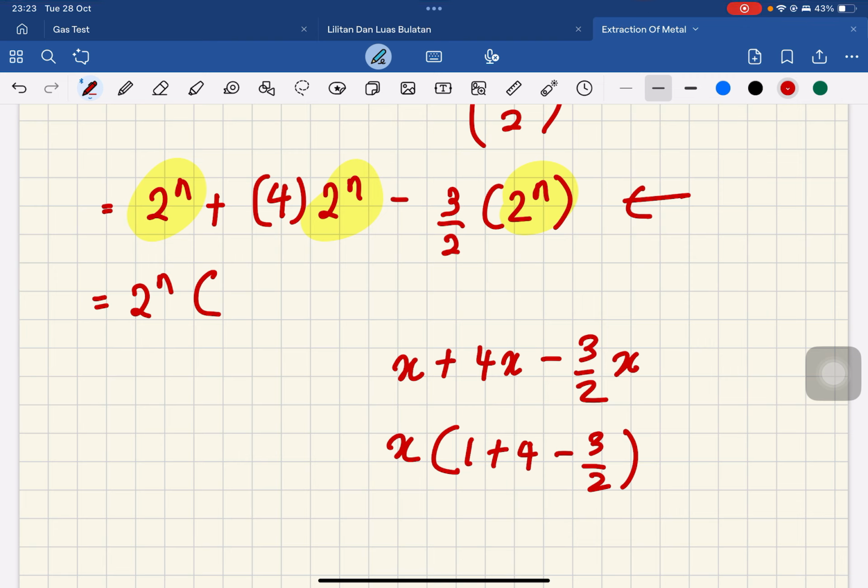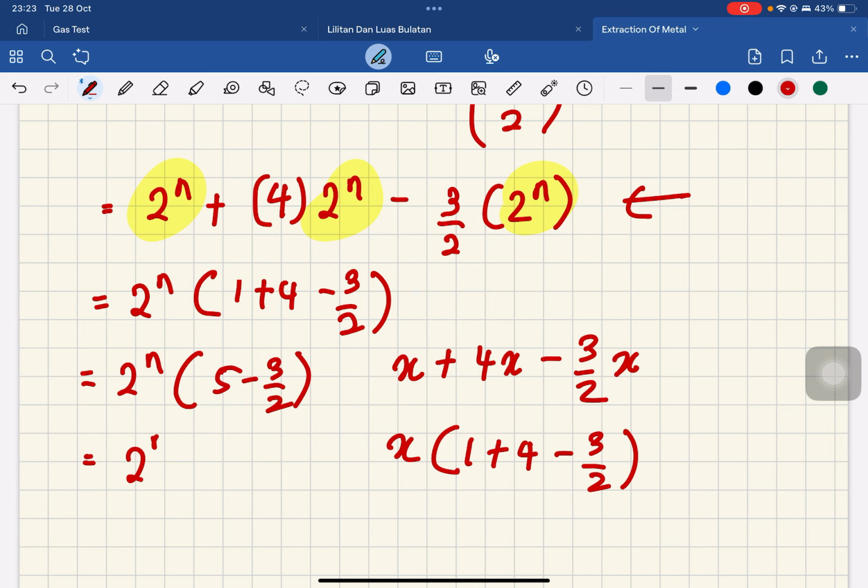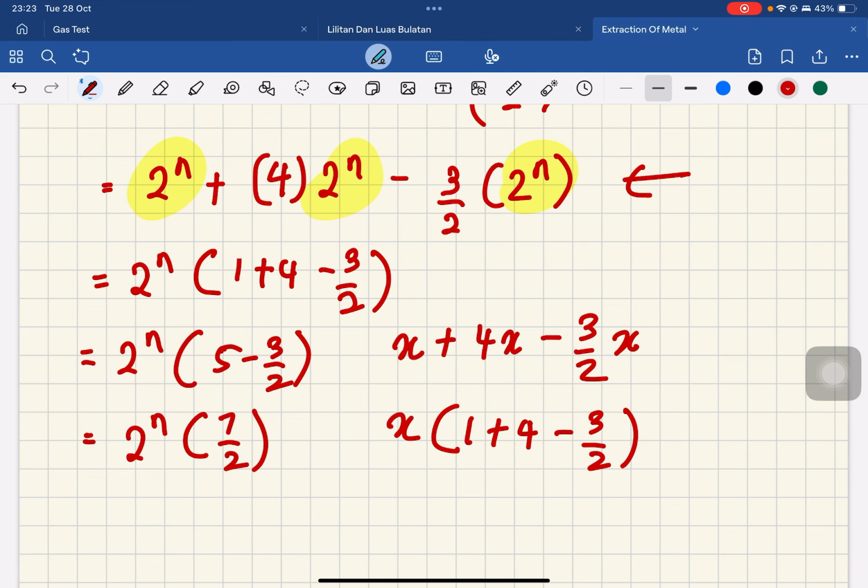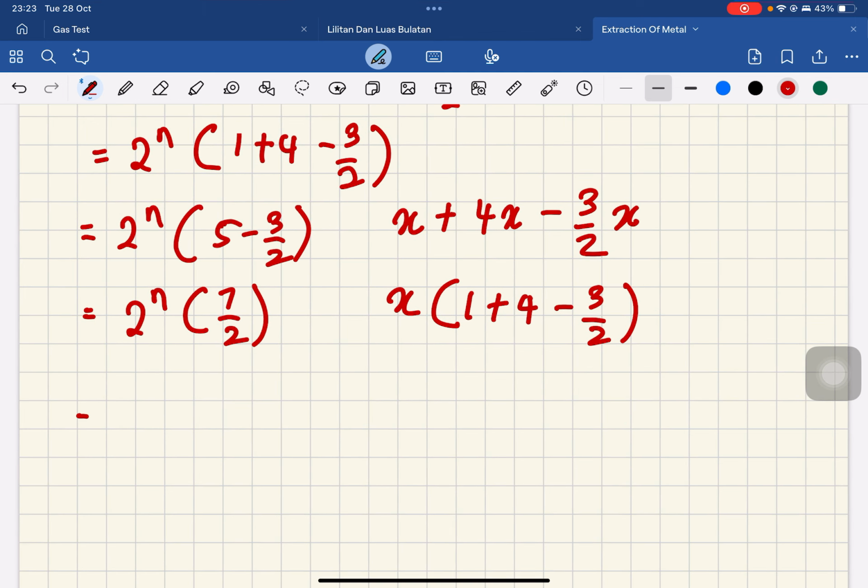So it will become 1 plus 4 minus 3 over 2. From here you just use your calculator and solve for the one inside the bracket. So you'll get 5 minus 3 over 2, which is 7 over 2.